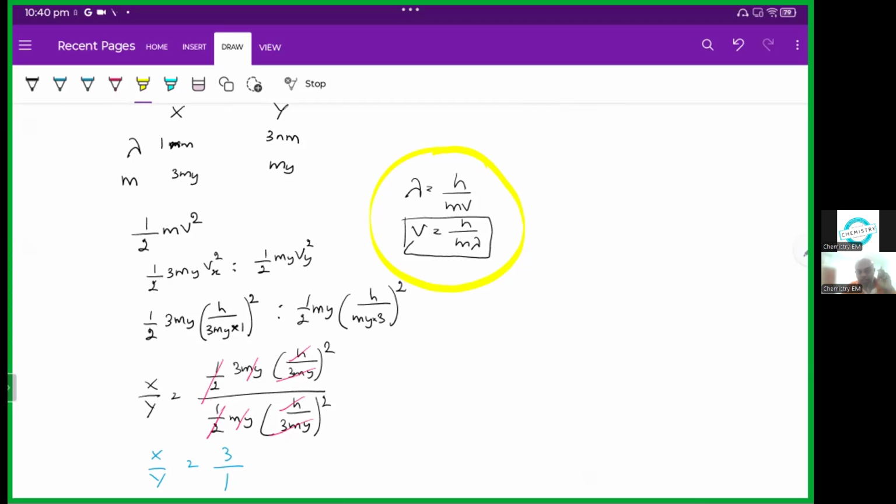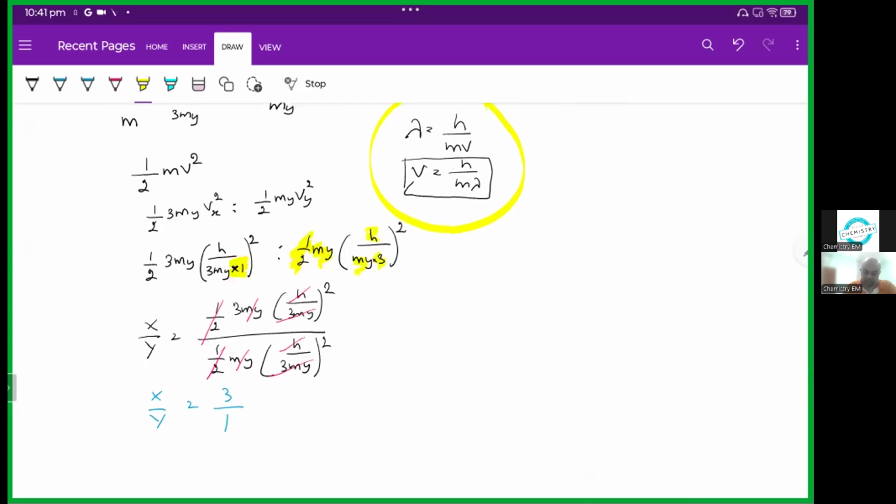De Broglie wavelength is 1 nanometer, so that's why I have taken it as 1 here. Then when it comes to Y, that is half my, h divided by my is the mass, and then wavelength is 3, and that is also squared. So we have taken the ratio.